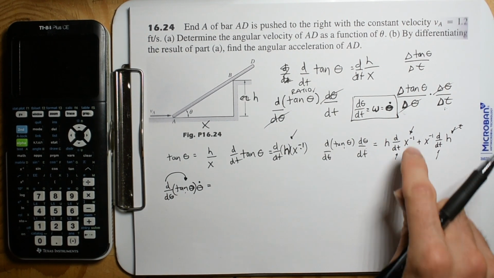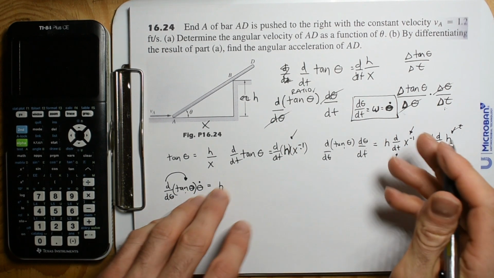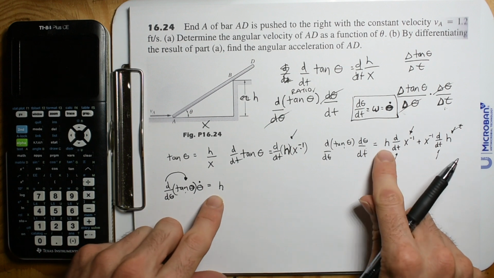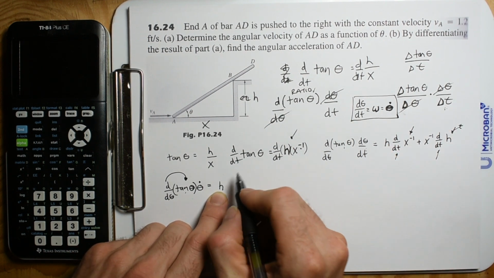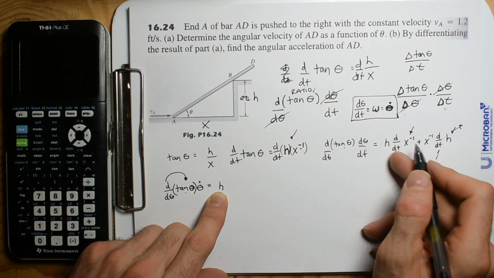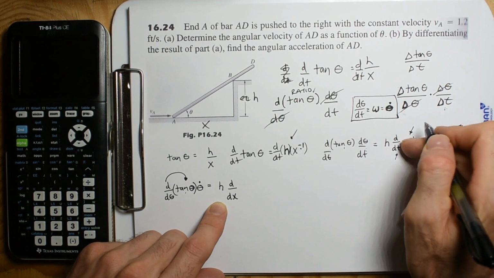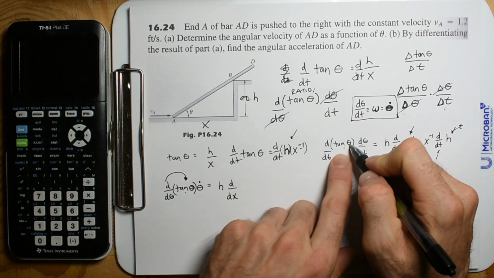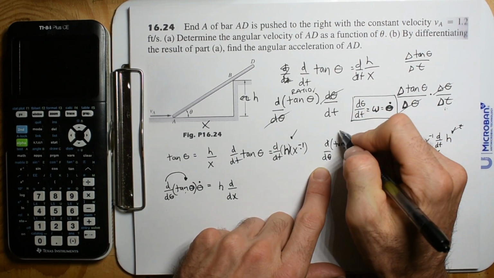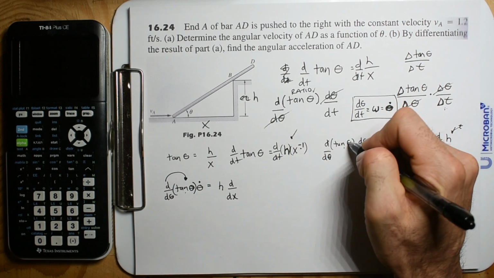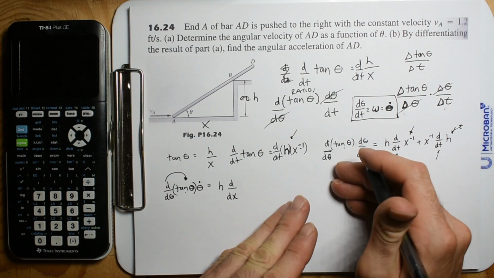Alright, so we're going to do the chain rule here. So we're going to have this h. Well, h is just a variable, you know what I mean? It could be changing, it could not be changing. But we have h, and to make this the chain rule, we're going to take d dx, because that's what we have here. Just like we had theta here, we had to say d theta. We need to change this ratio, and then divide it by a change in the angle.